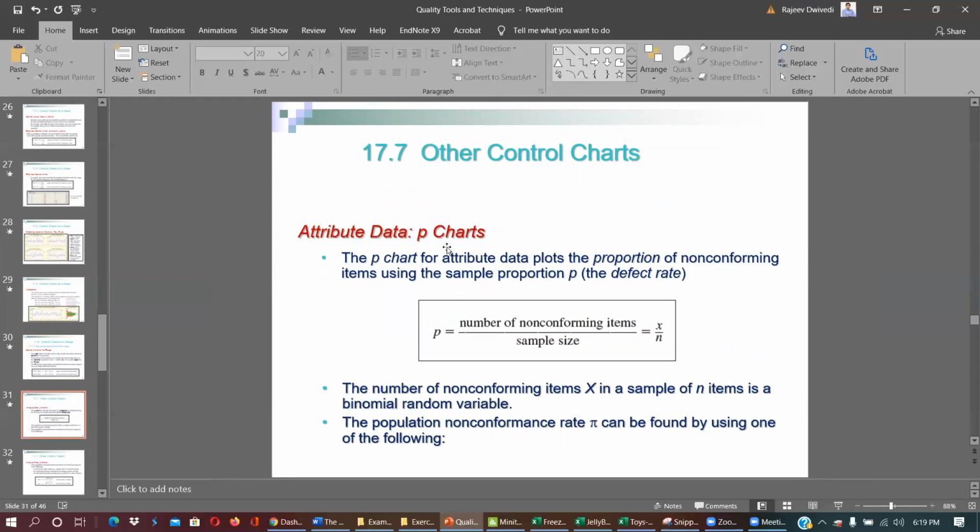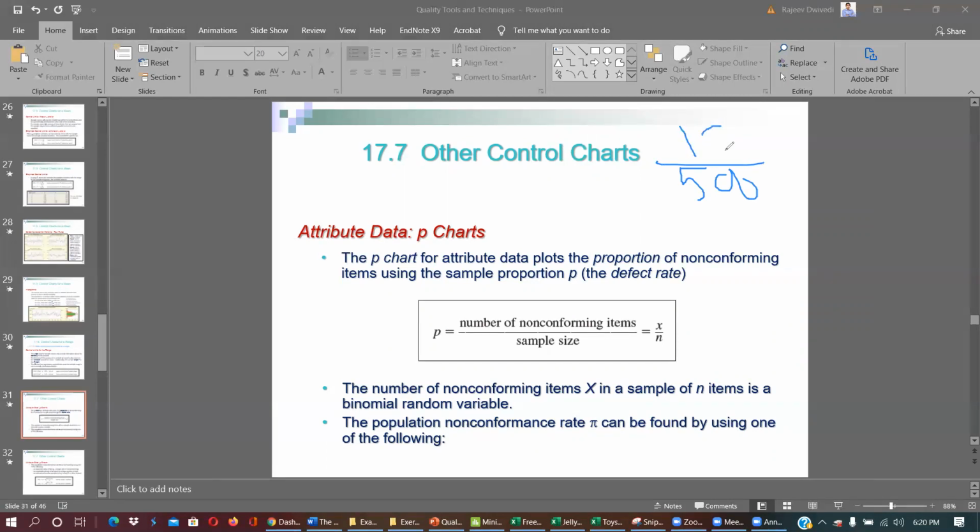Other control charts, which is the P chart, based on the proportion, number of non-conforming items upon sample size. Let's say a very simple thing. I showed you the Indian student data, research university and not research university. Let's say we took 500 data, sample size is 500, and let's say 100 are research universities.